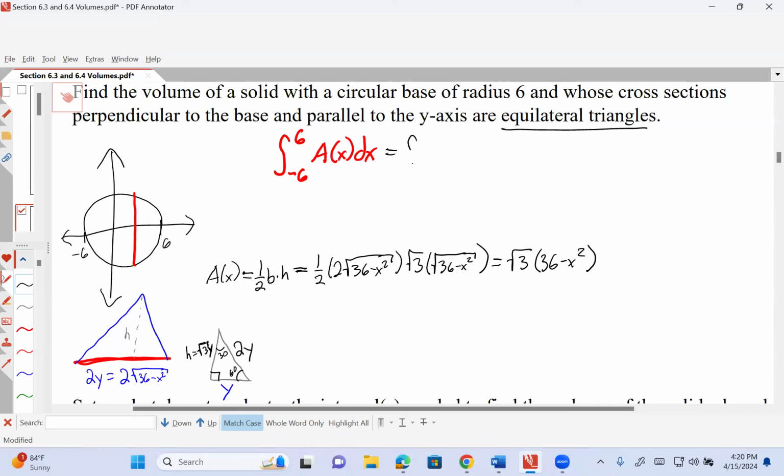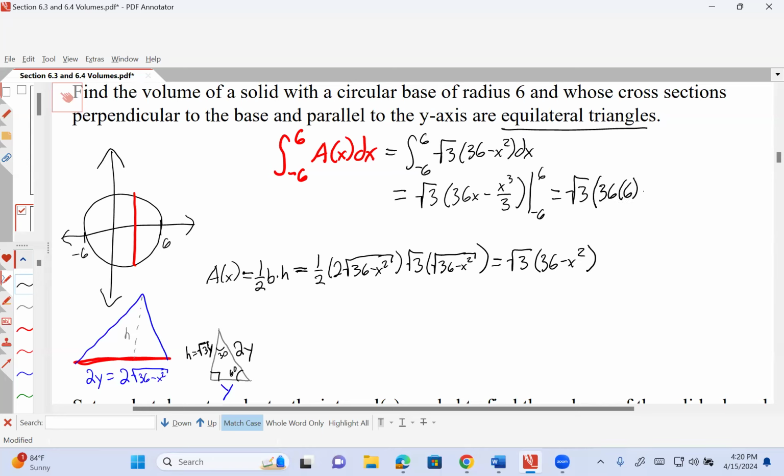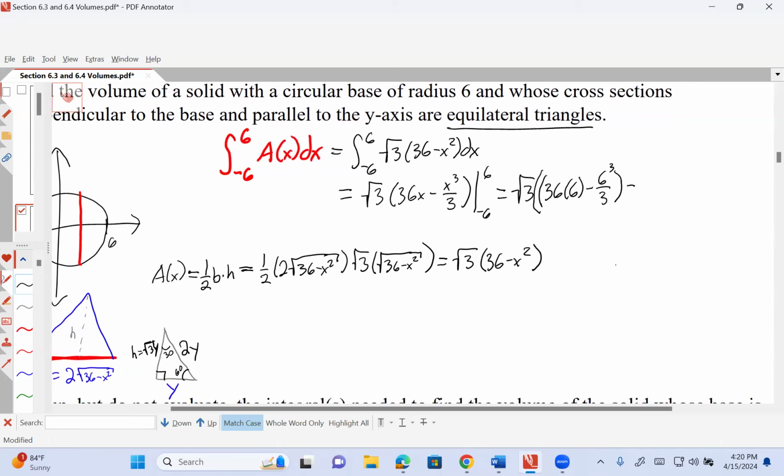Plugging this into our integral, we're looking at the integral from -6 to 6 of the square root of 3 times (36 minus x squared) dx, which integrating again gives us the square root of 3 times (36x minus x cubed over 3) from -6 to 6, or the square root of 3 times (36 times 6 minus 6 cubed over 3) minus (36 times -6 minus (-6) cubed over 3).